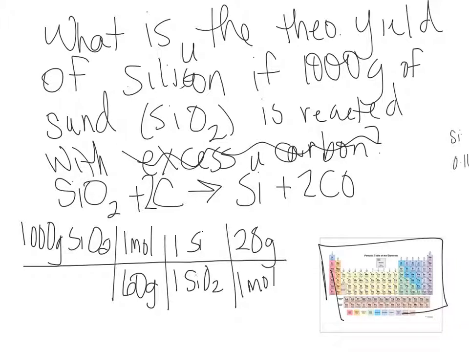So 100 times 28 divided by 60, and we end up with 46.7 grams of silicon. So that is theoretical yield. Like I said, it's just a mass to mass stoichiometry problem. So if you're fine with that, you're fine with theoretical yield. You just need to remember that.